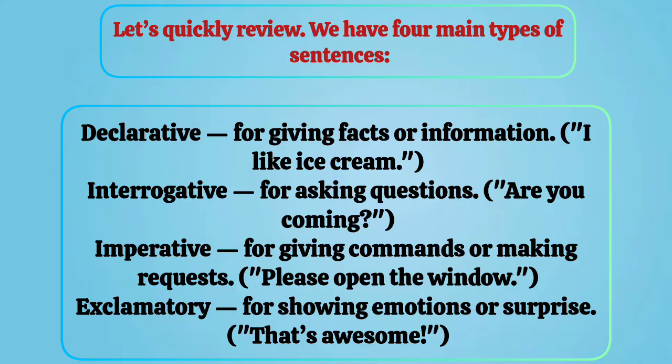Second is interrogative for asking questions. Are you coming? Next, third is imperative for giving commands or making requests. Please open the window. Exclamatory for showing emotions or surprise. That's awesome.